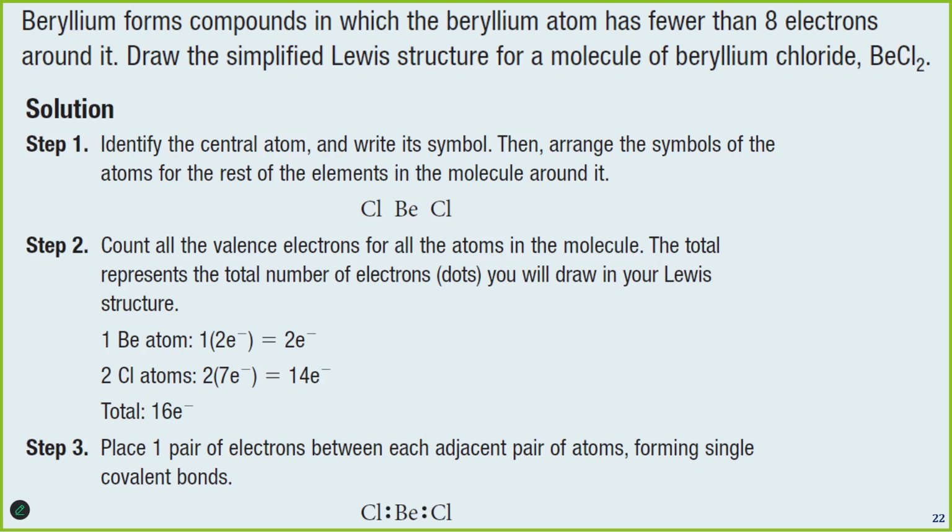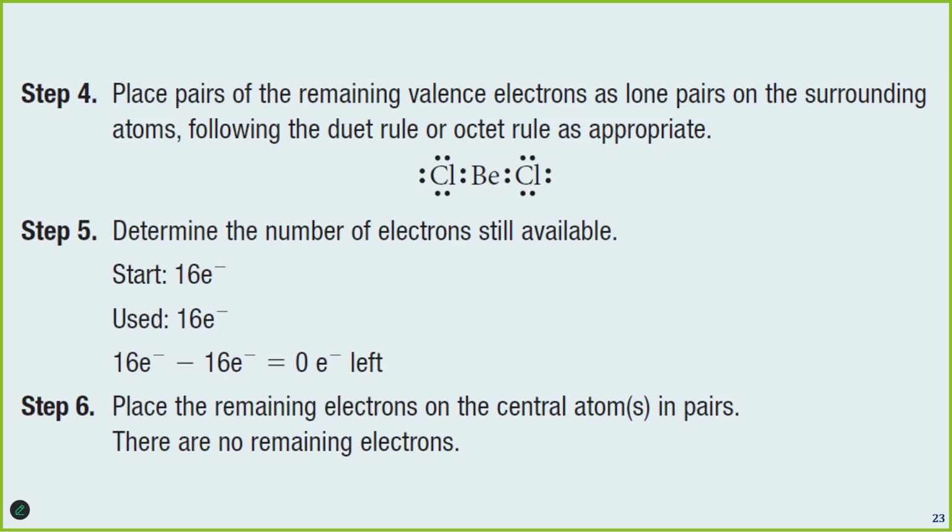So in this step, we have identified there are a total of 16 electrons. And step 3, we place one pair of electrons between each adjacent pair of atoms, forming single valence bonds. And in step 4, we place pairs of the remaining valence electrons as lone pairs on the surrounding atoms, following the duet rule or octet rule as appropriate.